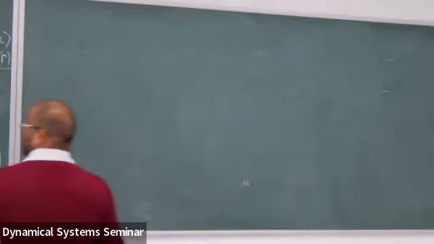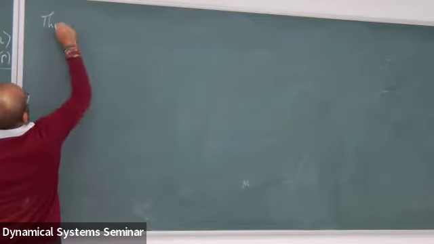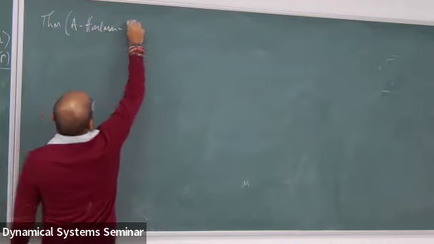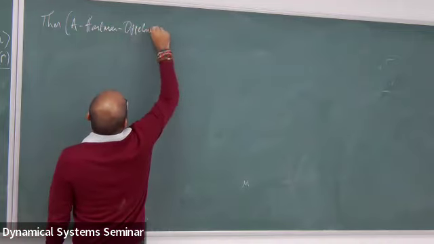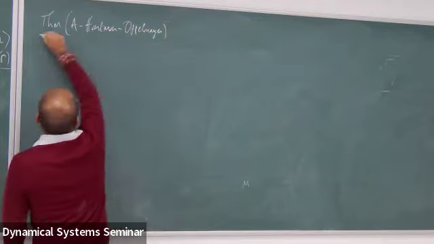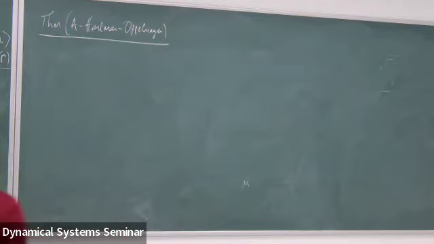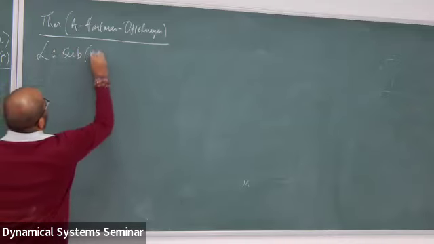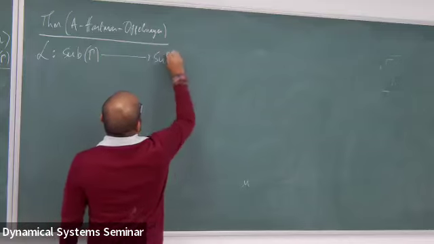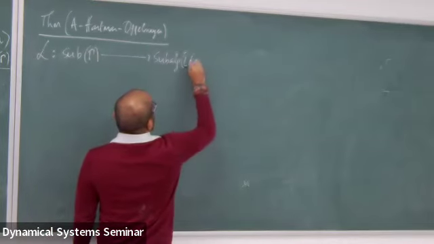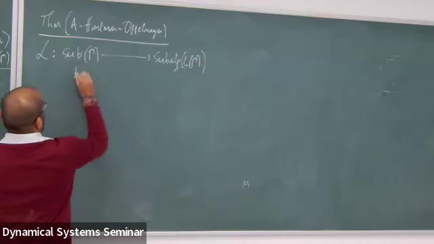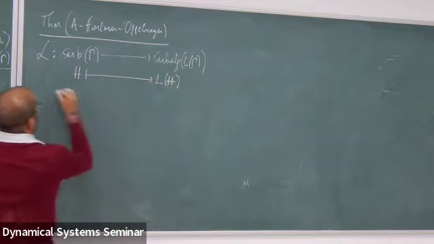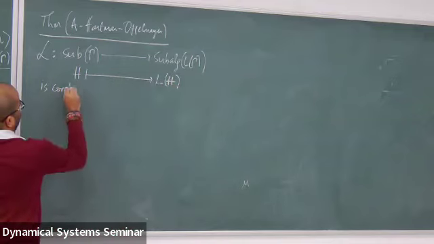So the first theorem that we proved with Yair and Hannah is that if we look at the map, let me call it L, from Sub gamma to subalgebras of L gamma, that sends every subgroup to the corresponding group von Neumann algebra, this is continuous.